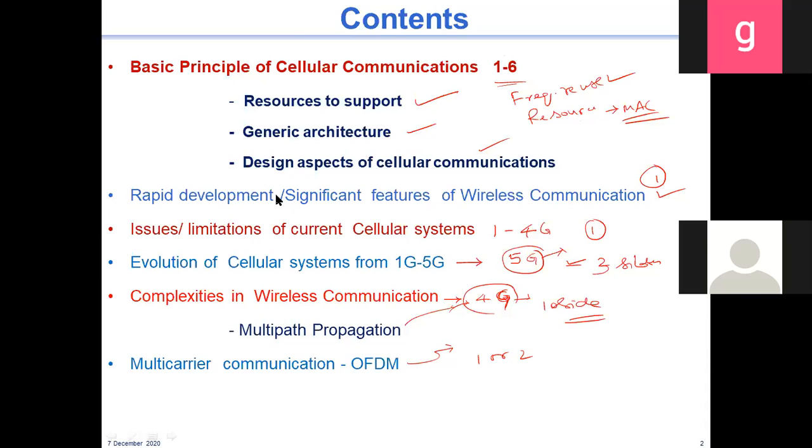And the rapid development of wireless communication today, and what are the significant features of wireless communication, 1 slide. And the limitations of the current cellular systems, starting from 1G to 4G, in 1 slide. And this is the important one: the evolution of the cellular systems from 1G to 5G, how it took place, 3 slides. And what are the various complexities involved in 4G communications, including OFDM, 1 or 2 slides. Maximum slides I have got is only about 20 slides.